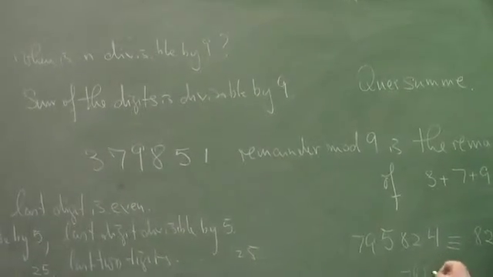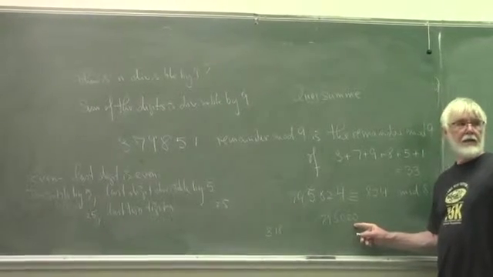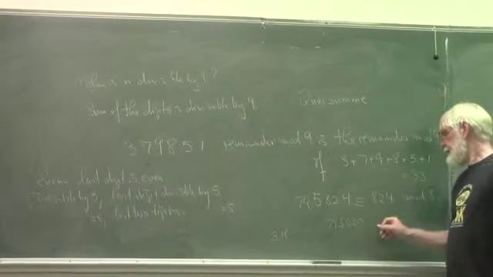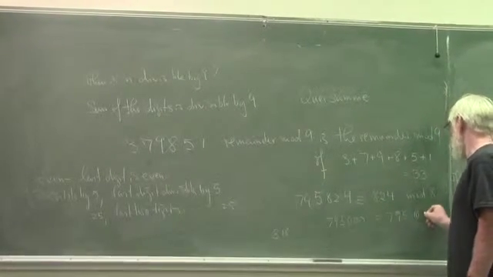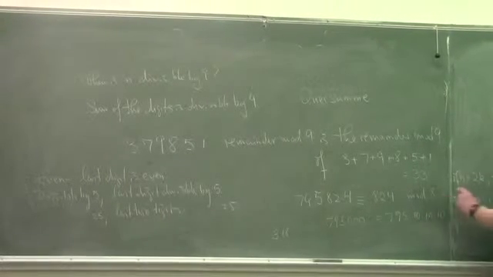Yes, it is. The point is that 795000 is 795 times 10 times 10 times 10, and each of the 10s is divisible by 2.